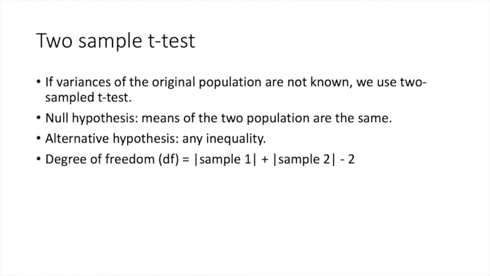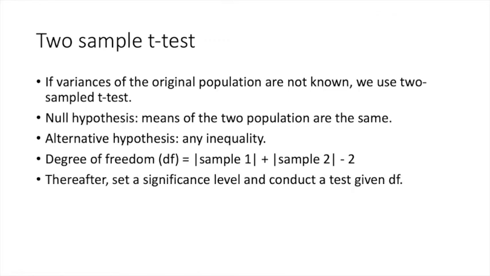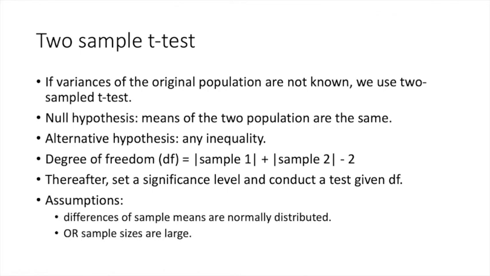The degrees of freedom for the test equals the size of sample 1 plus the size of sample 2 minus 2. Thereafter, we conduct the test for a given significance level. The assumptions of the two-sample t-test are again that the differences of the sample means are normally distributed or that the sample sizes are large.